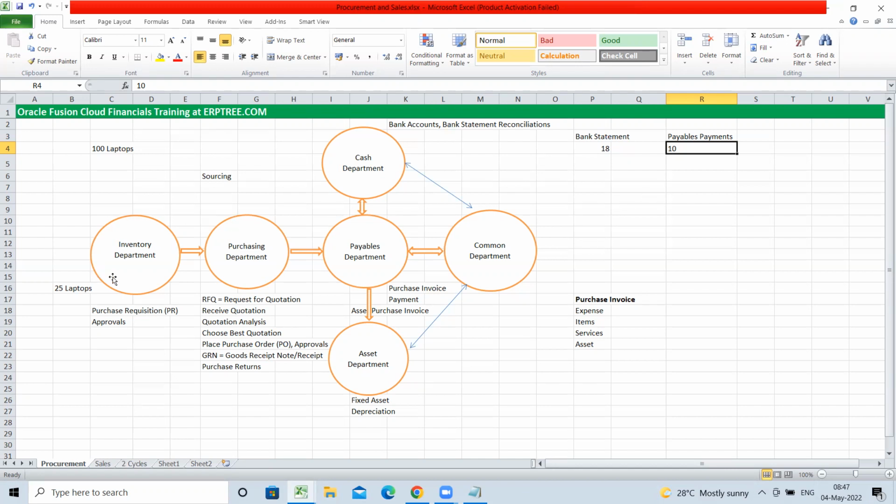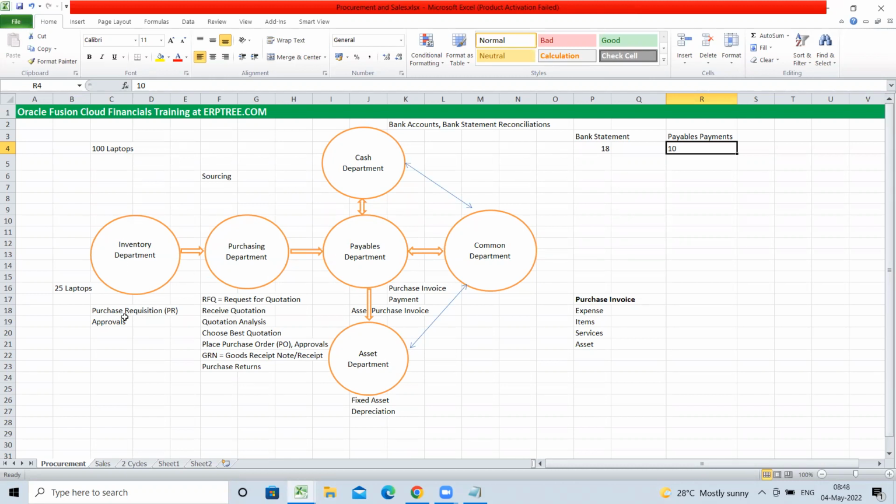And here you can notice each department is doing their respective activities. If you want to prepare any asset related reports, you can prepare them in the asset department. The payables related reports you can prepare in the payables department. Cash department related reports you can prepare in that department only, and purchase related reports you can prepare here, inventory related here.